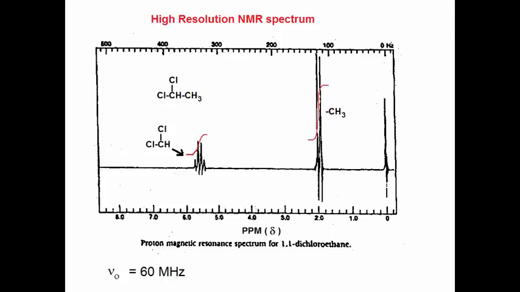What's happened is that these two broader peak signals have become split into multiplet signals. The methine hydrogen signal becomes split into four narrow peaks. That's called a quartet. And the methyl signal becomes split into two narrow peaks. It's called a doublet.